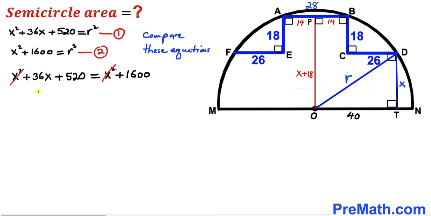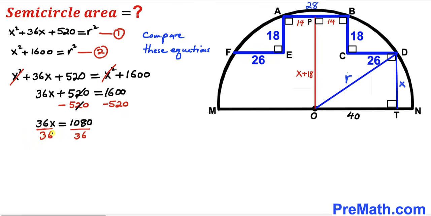So we can write 36x plus 520 is going to be equal to 1600. Now we are going to subtract 520 from both sides. So 36 times x turns out to be equal to 1080. Now we are going to divide both sides by 36 to isolate x. So our x value turns out to be 30 units.